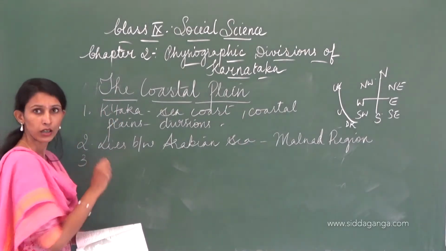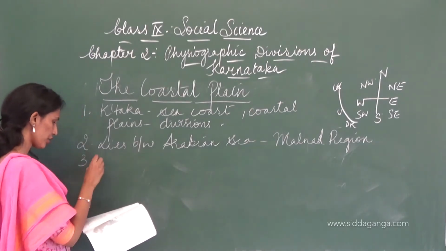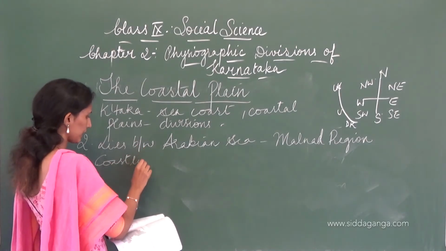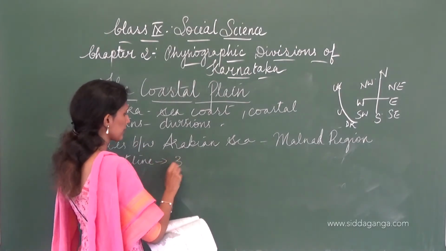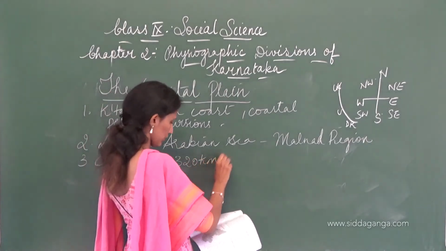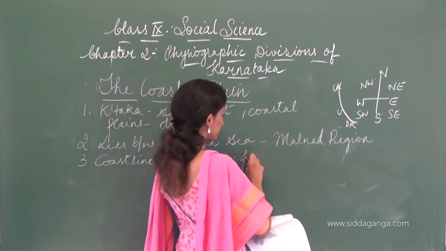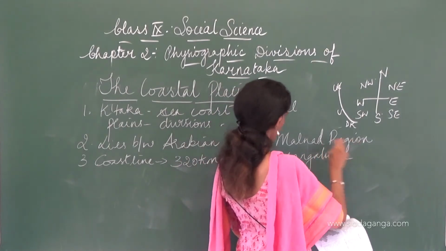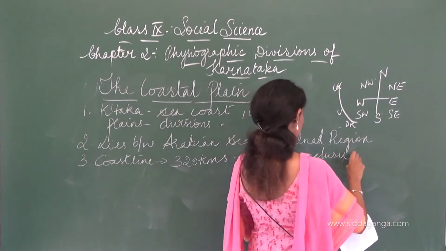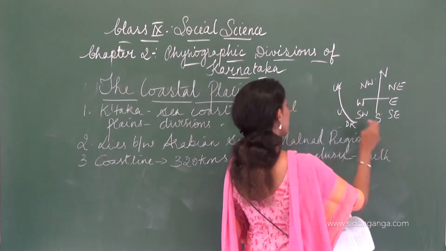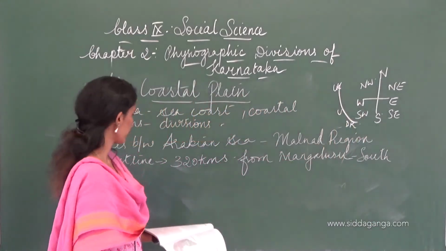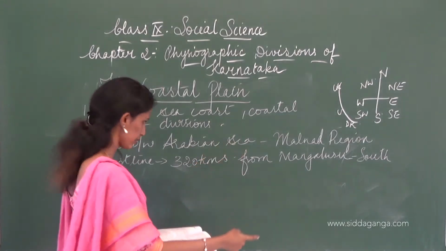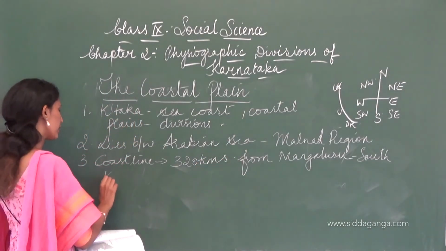Now the coastline extends 320 kilometers from Mangalore, or Mangaluru, in the south, to Karwar in the north.